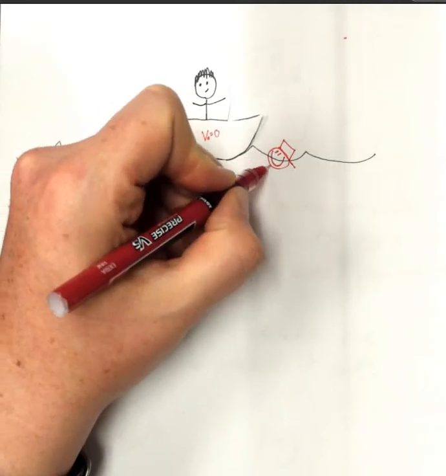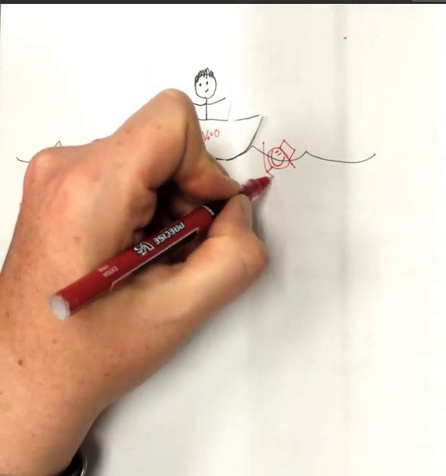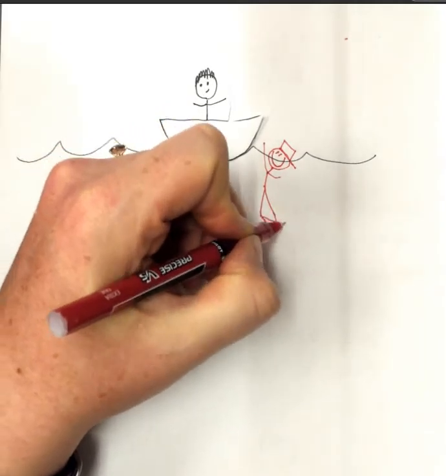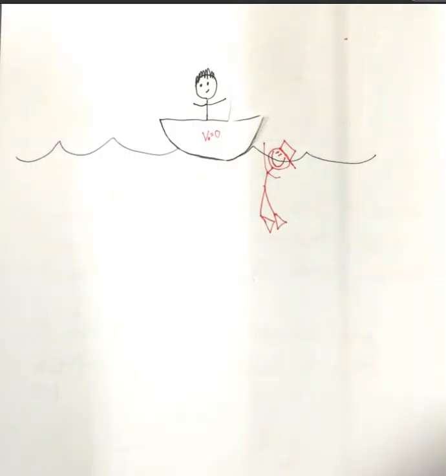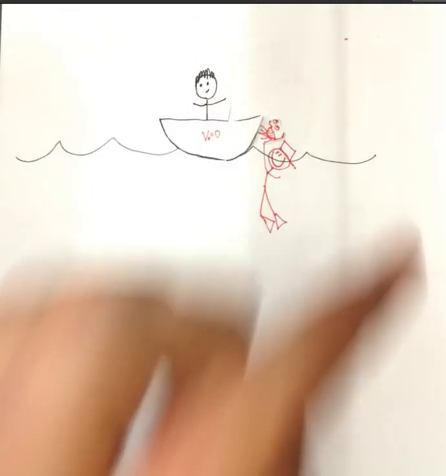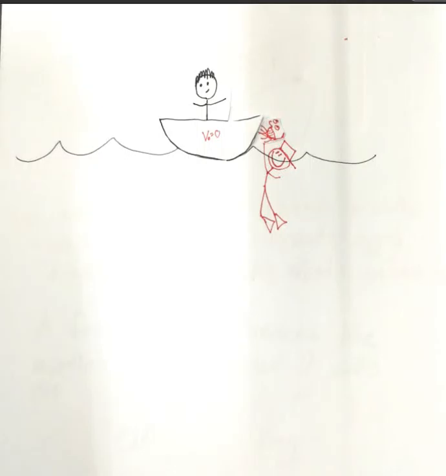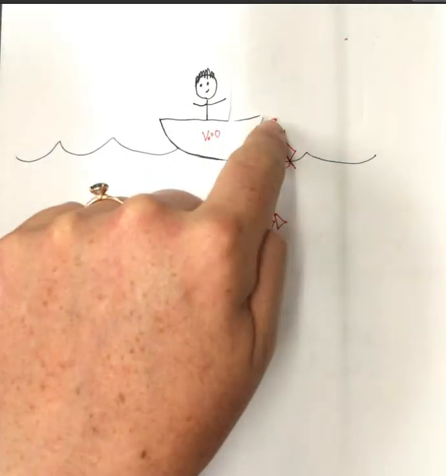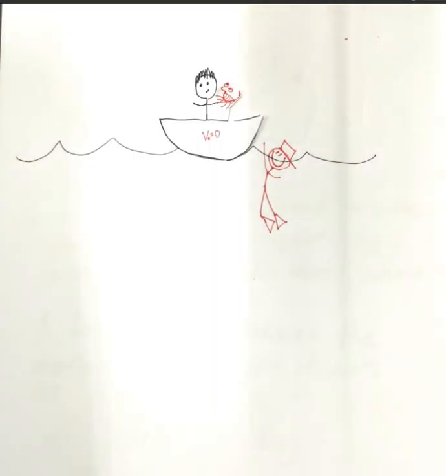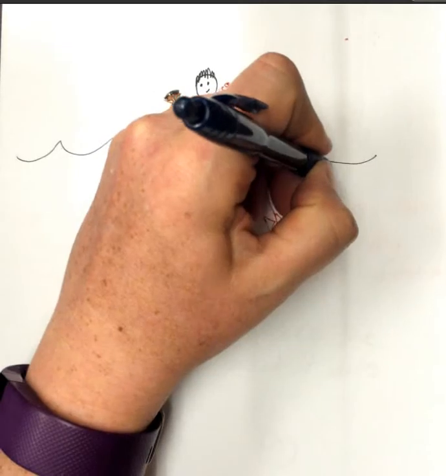Benny pops up out of the water. He's wearing some flippers. He's been snorkeling. And he's got his friend Scorpion with him. So what Benny does is Benny tosses his Scorpion up to you because Benny's a sharing kind of guy.